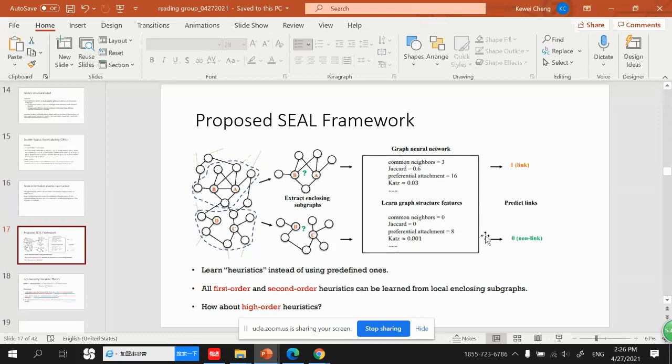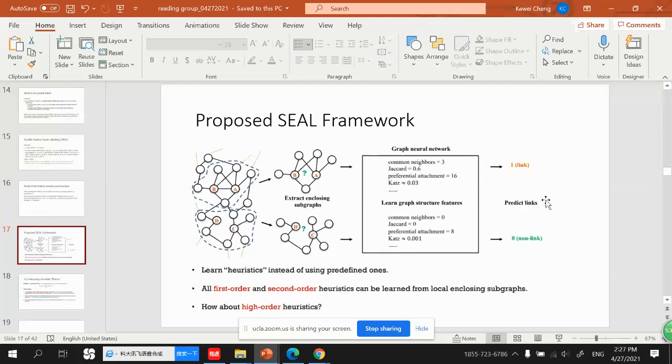But how about the high order heuristics methods? All of these higher order heuristics methods try to leverage the entire graph information to predict the link of two nodes, while here we use only a subgraph of the entire graph.